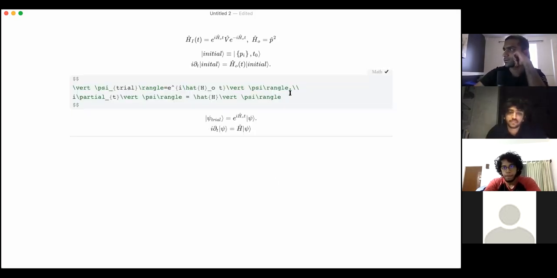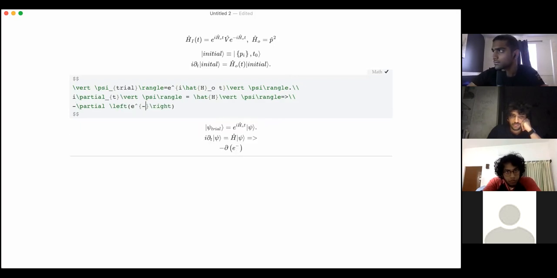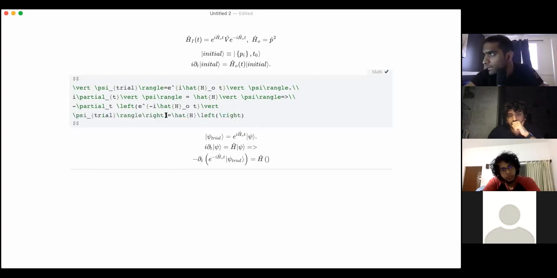Okay, so now what does this imply? i hat H not t, right, equals the full Hamiltonian acting on what we got here.